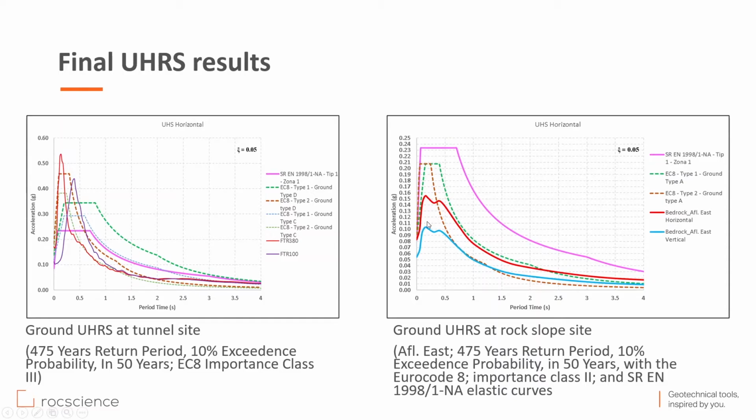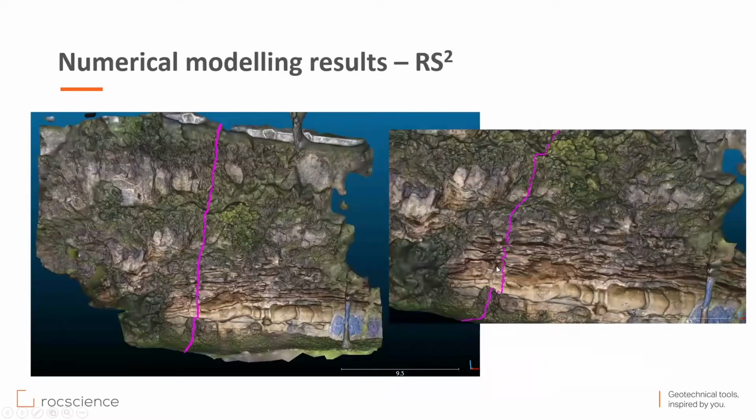But where we don't use real measured time series, there is a possibility to calculate the vertical response spectra from the horizontal one with an empirical equation. Of course, from numerous exported profiles, one was chosen for the RS2 model.